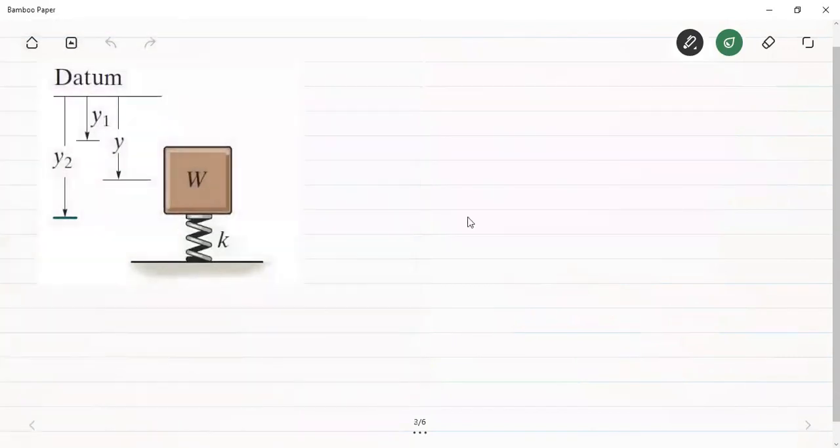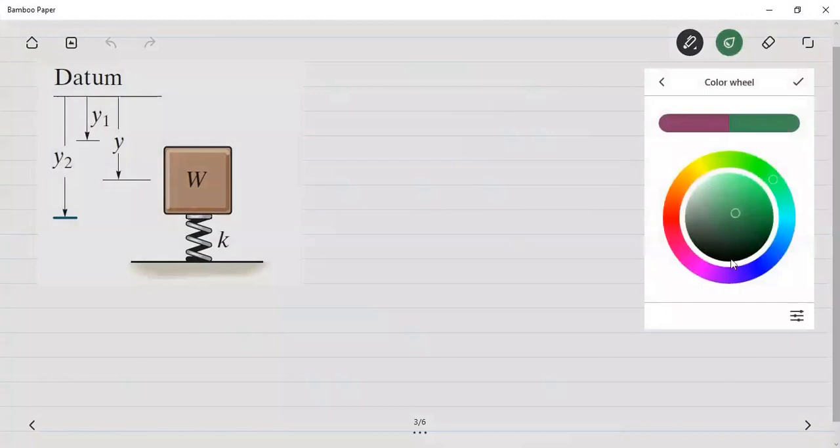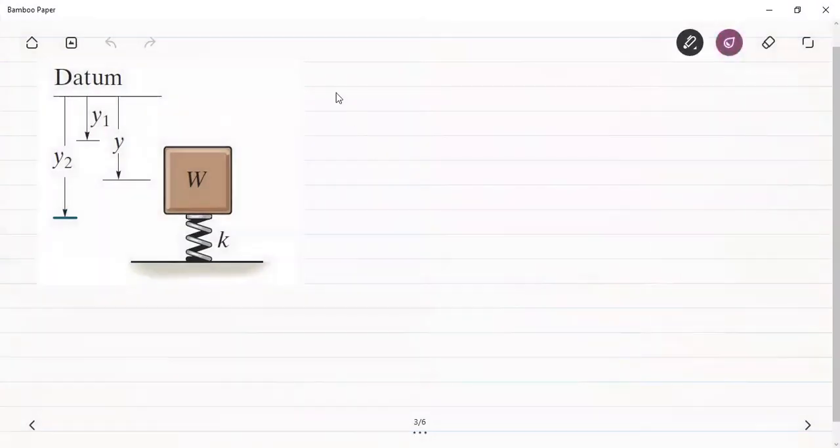Now writing this equation again, the potential energy of this system is equal to minus wy plus 1 by 2 ky square.